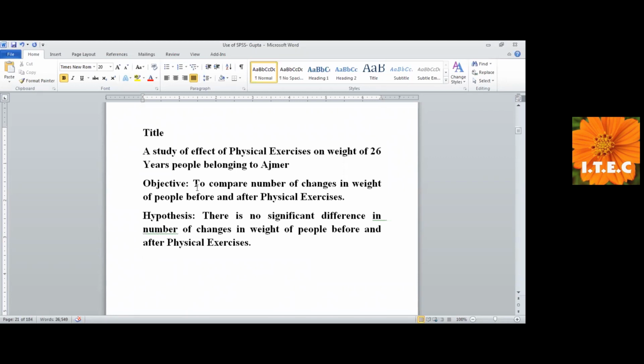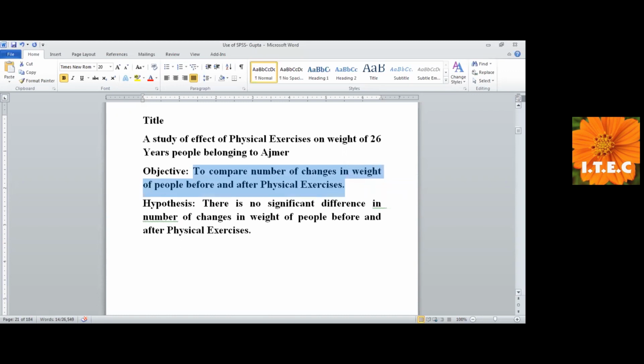So here, this is your objective. So now you can see another difference between Wilcoxon and sign.